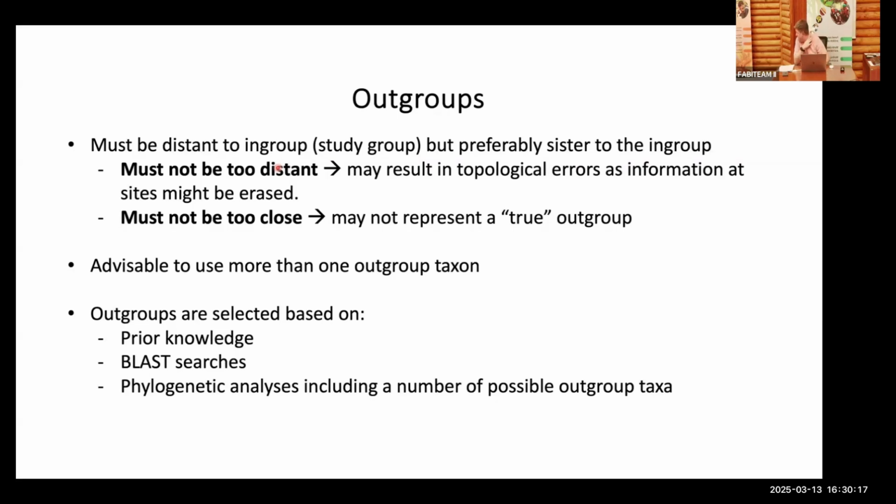On the topic of outgroups, there's a question from Martin. He says, generally speaking, what is your opinion on selecting midpoint rooting instead of an actual outgroup? That is a good question. So I would not advise midpoint rooting unless you do not have a choice. There are scenarios where you have to use a midpoint because there's just no outgroup.